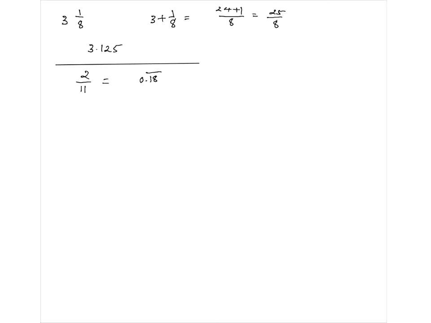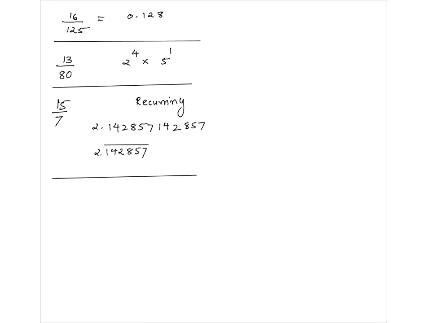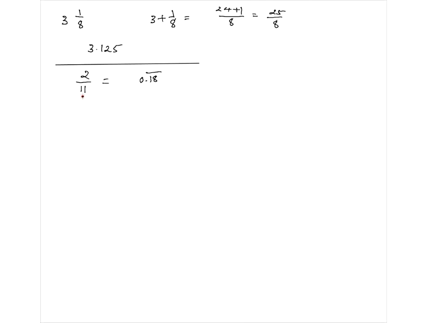And that means non-terminating and repeating. Now 11 itself is a prime number, just like in one problem there was 7. The only prime number involved. So clearly it has to be non-terminating repeating case.